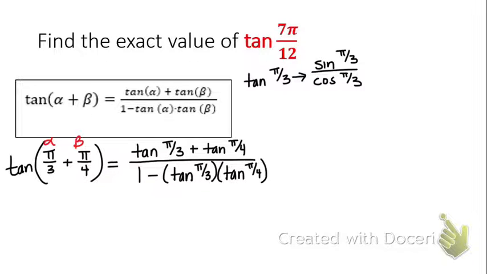So we have to do the keep, change, flip. So we're going to have root 3 over 2 divided by 1/2. Go ahead and do keep, change, flip to get your final answer. So I'll let you do that.